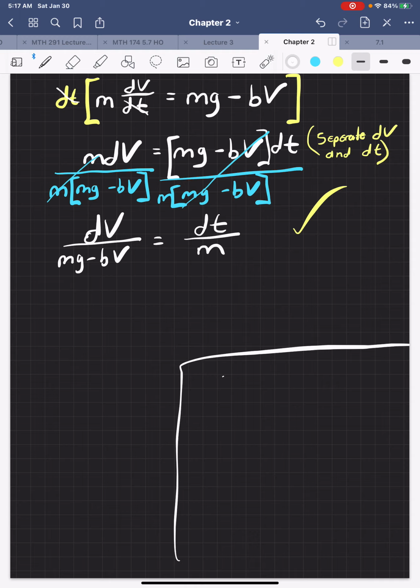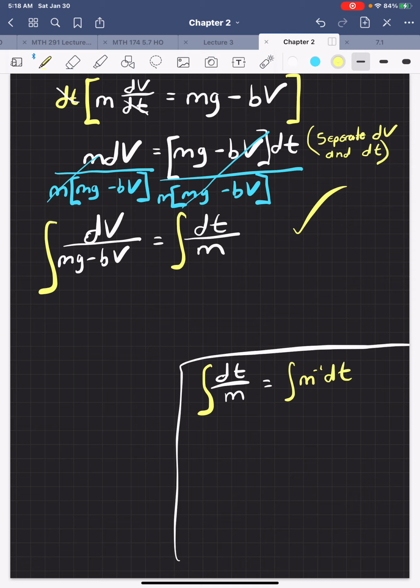So let's start with the easy one: dt over m. Let me write my integral symbols, so you know I'm about to integrate. I can write that as the integral of m to the power of -1 with respect to t, or, if it's better for you, just leave it as 1 over m.